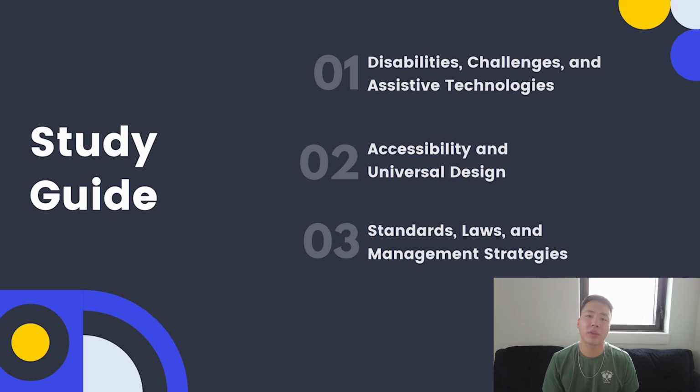And then the third section of the CPACC is really focused around standards, laws, regulations, and management strategies. So for those of you who are interested in applying accessibility to your organization, learning about the different levels of accessibility maturity at your company, learning about some of those laws and regulations that might impact you in the United States.